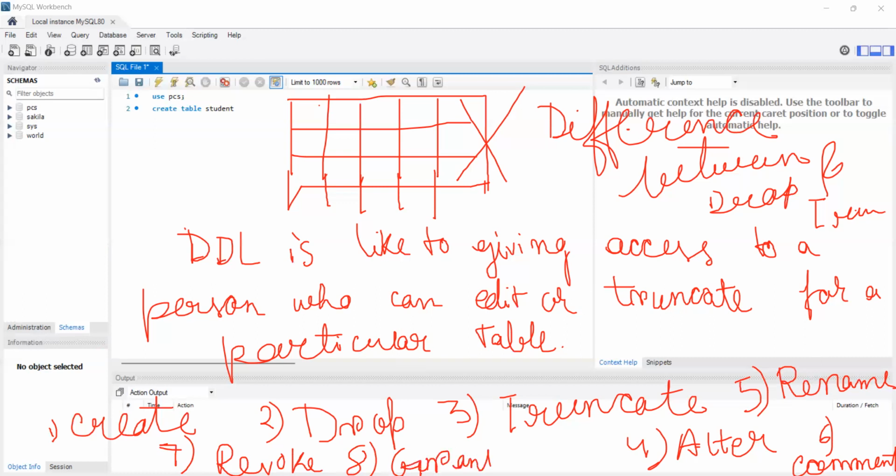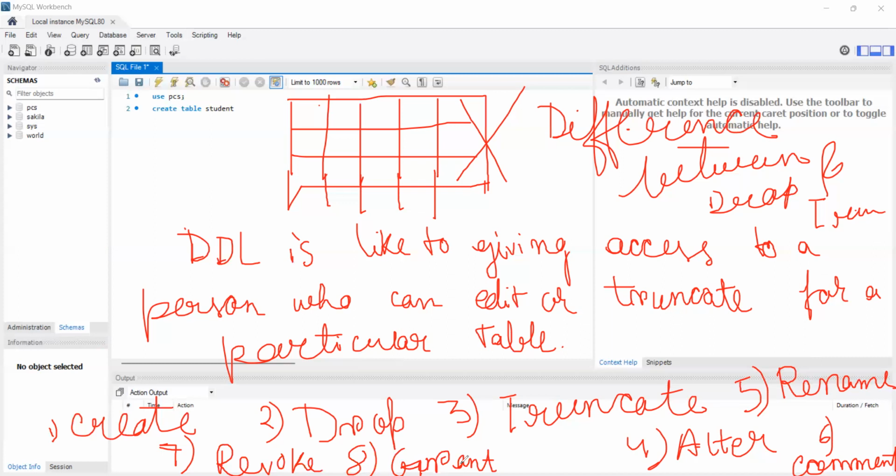Revoke and grant are used in data control language. But nowadays, if I am not wrong, audit and analyze are newly included in DDL.